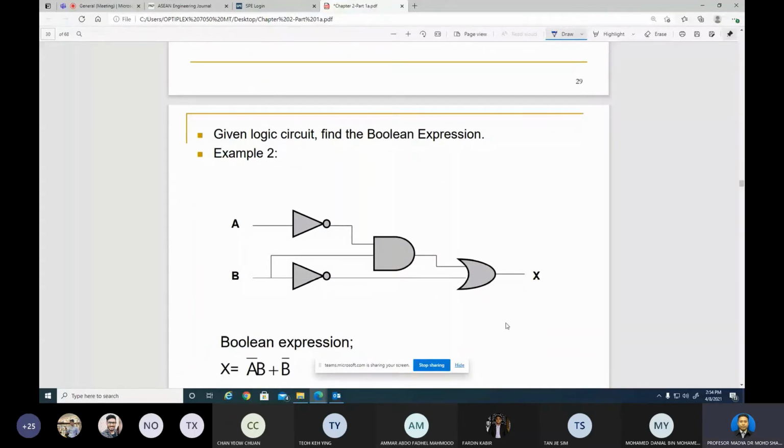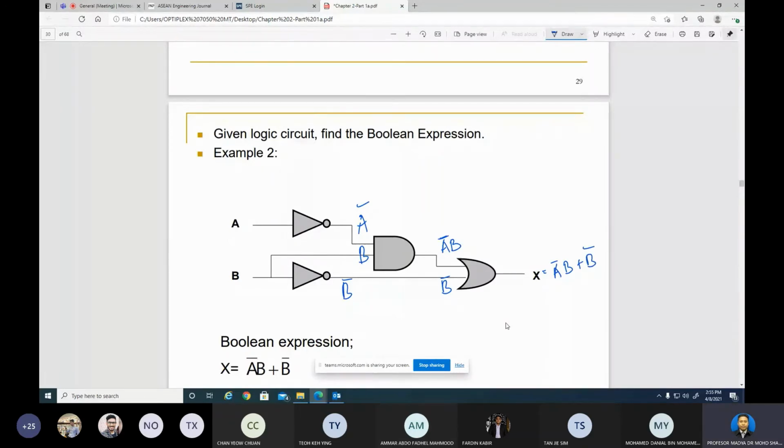Next you can try here. The output here will be A bar. This one will be B, and this one will be B bar. So bring here A bar, B, so only A bar. Then this one will be B bar, and the output here will be A bar B plus B bar.